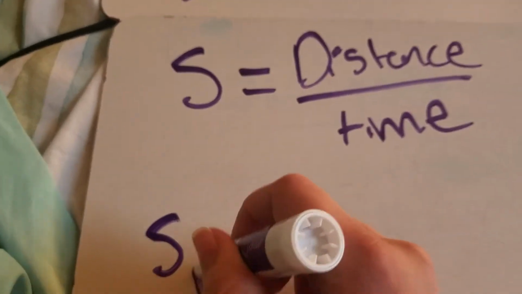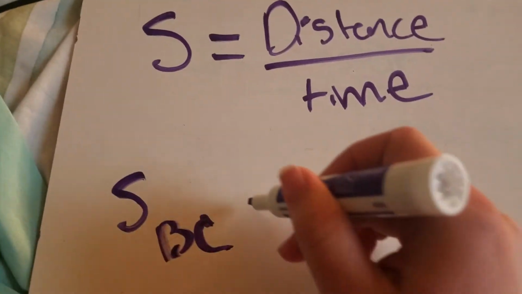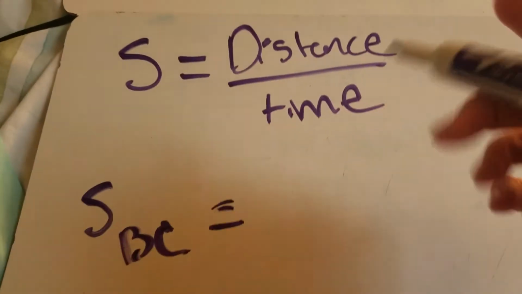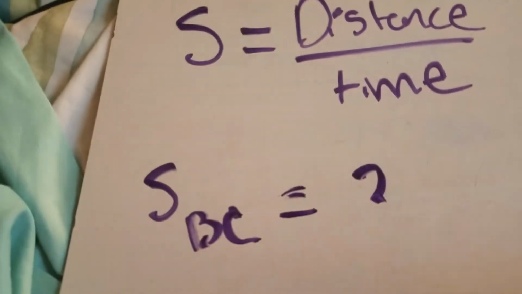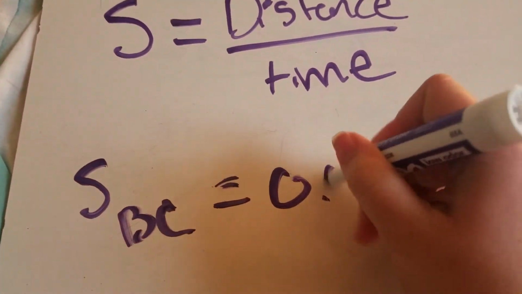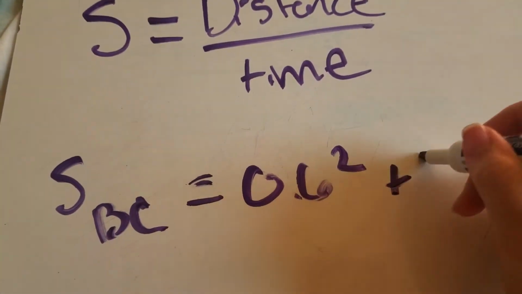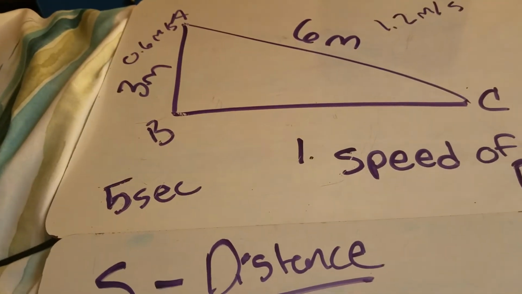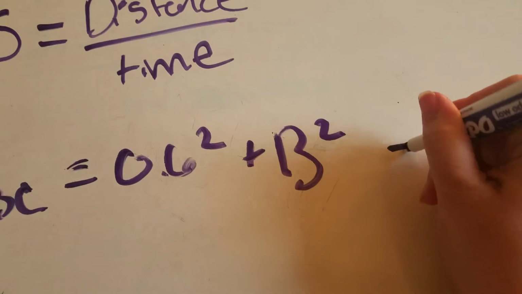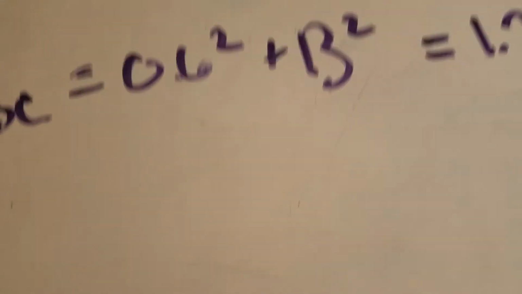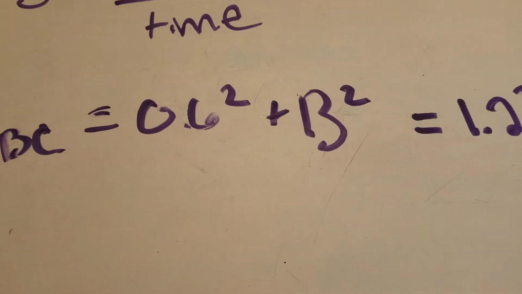Speed of BC equal to, I'm going to do 0.6 squared plus b squared, because we're missing that second side, equals, we have our hypotenuse, 1.2 squared. All right.